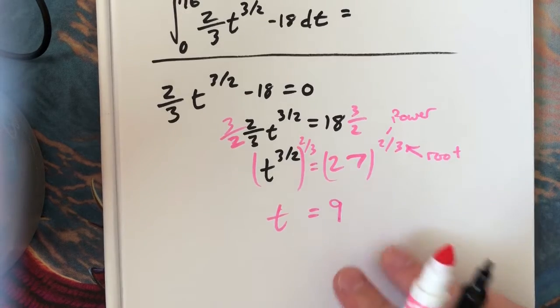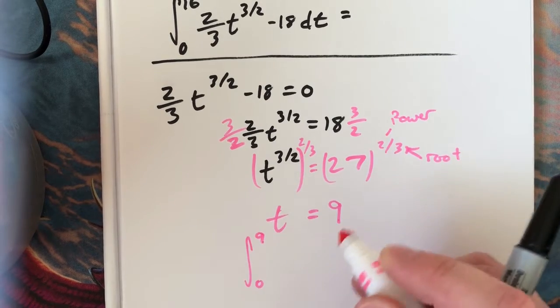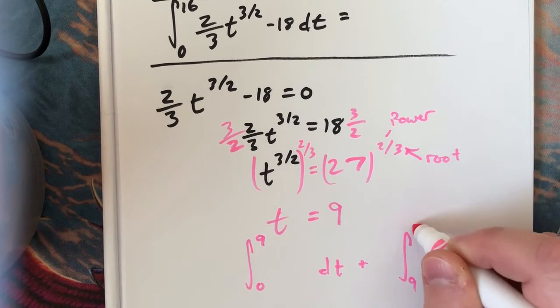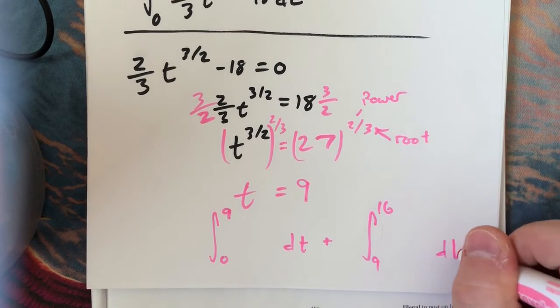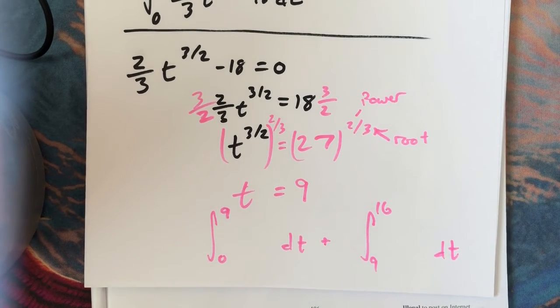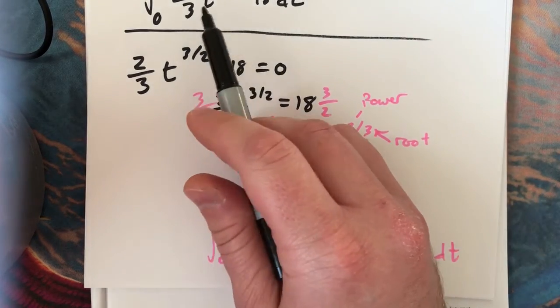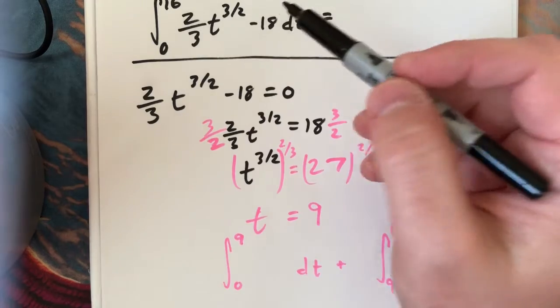So what I'm going to do is I know that from 0 to 9, we're going to have one of them, and then from 9 to 16, we're going to have something else. In this case, it's either going to be the original, the 2/3 t to the 3/2 minus 18, or it's going to be the exact opposite, because that's how absolute value works.